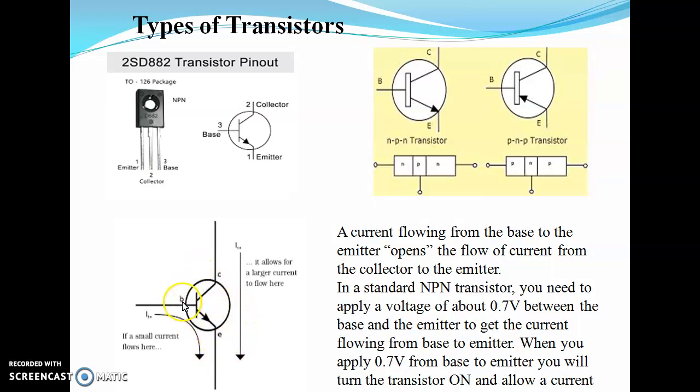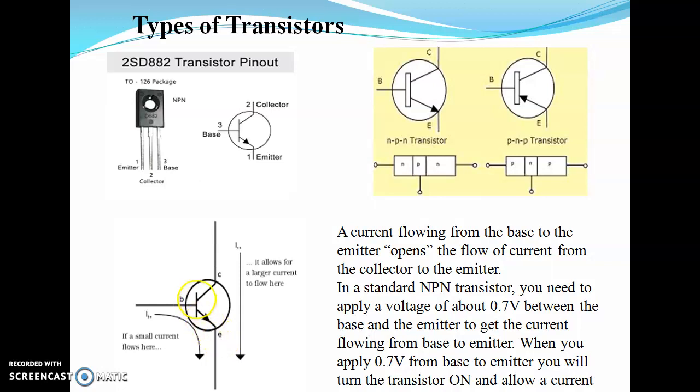You can see the three terminals here, and these three terminals are connected in the electric circuit. In order to make this transistor work we have to apply a little bit of voltage between this base and emitter terminal. How much voltage do we have to apply? 0.7 volt.